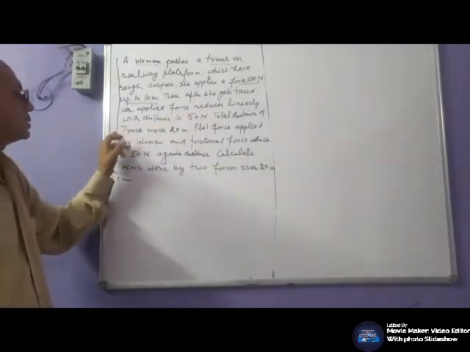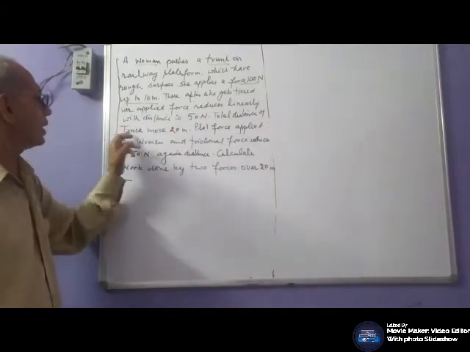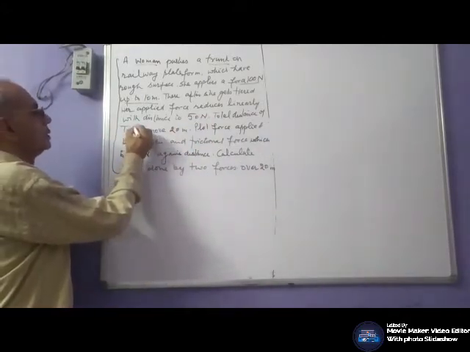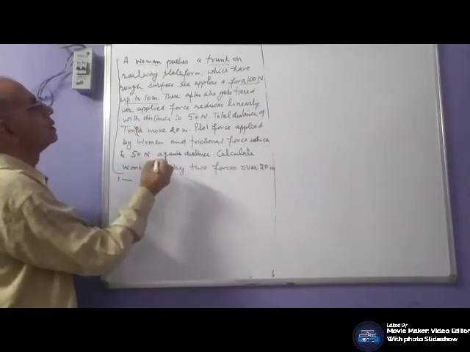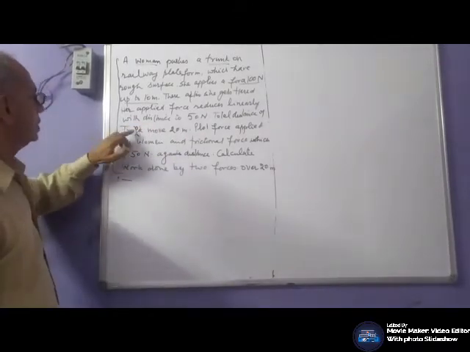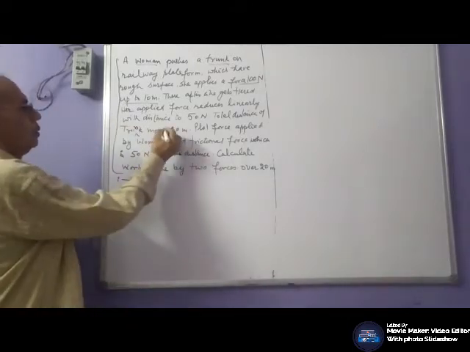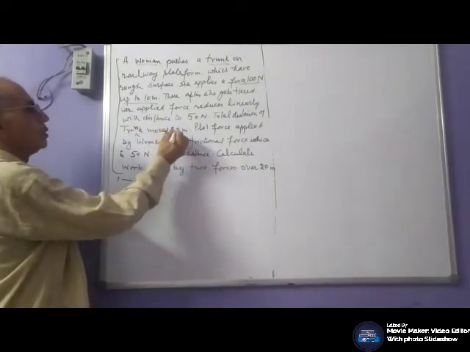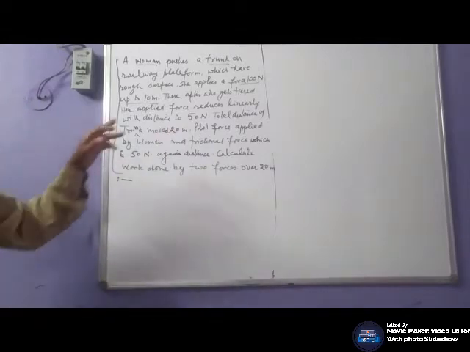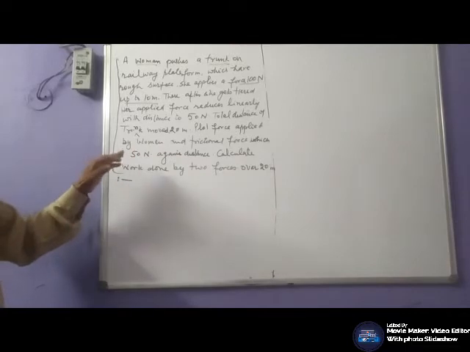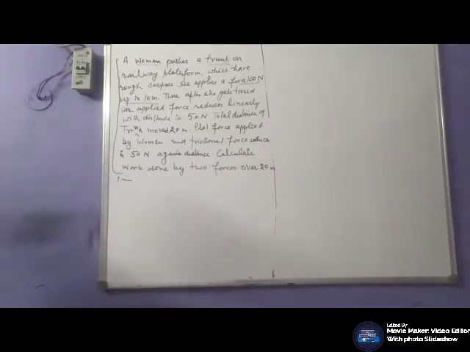Total distance the trunk moved is 20 meter. Plot the force applied by the woman and the frictional force, which is 50 Newton, against distance.